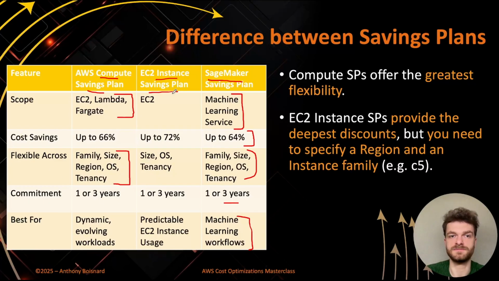For EC2 instance savings plans, the cost savings are better, but it only includes the scope EC2, and you need to specify a region and an instance family. So you should use compute savings plans for dynamic, evolving workloads, and EC2 savings plans for predictable EC2 instance usage.